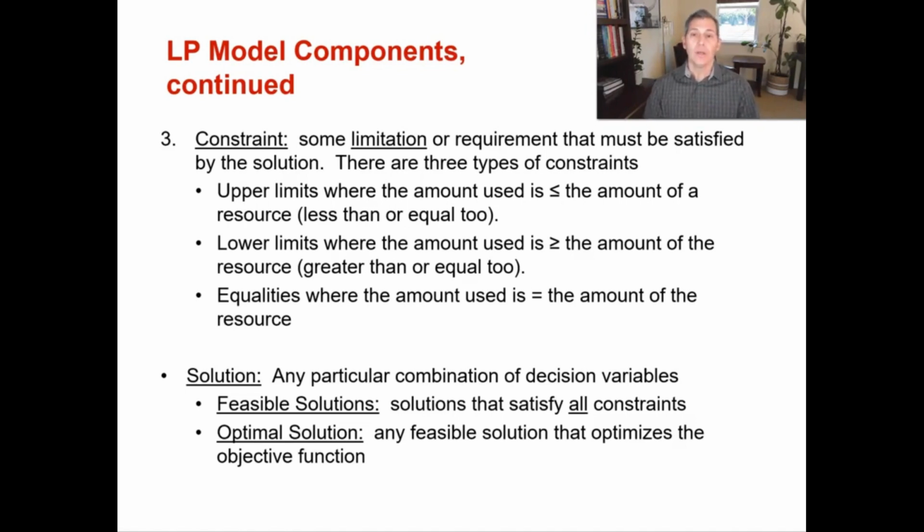So think about when we did the economic order quantities in the quantity discount models, there were various different feasible solutions, but we're trying to solve for the optimal solution. We want to find what's going to maximize our profit or minimize our costs. So that's the best solution, and that's the optimal solution that we're shooting for.